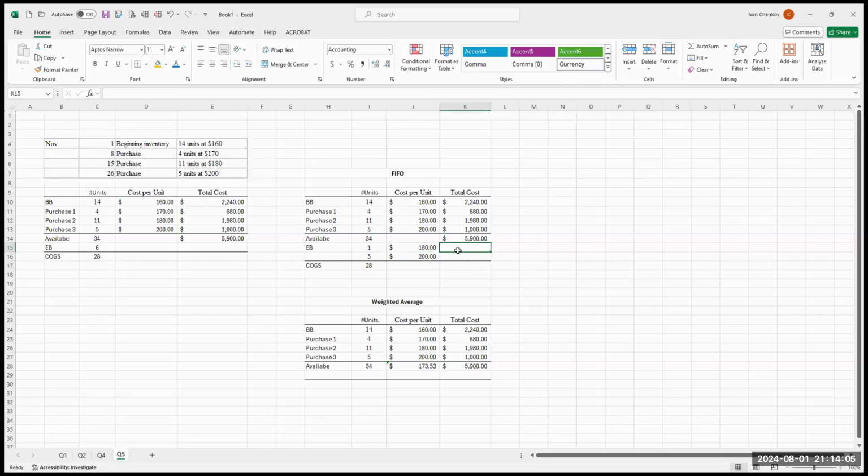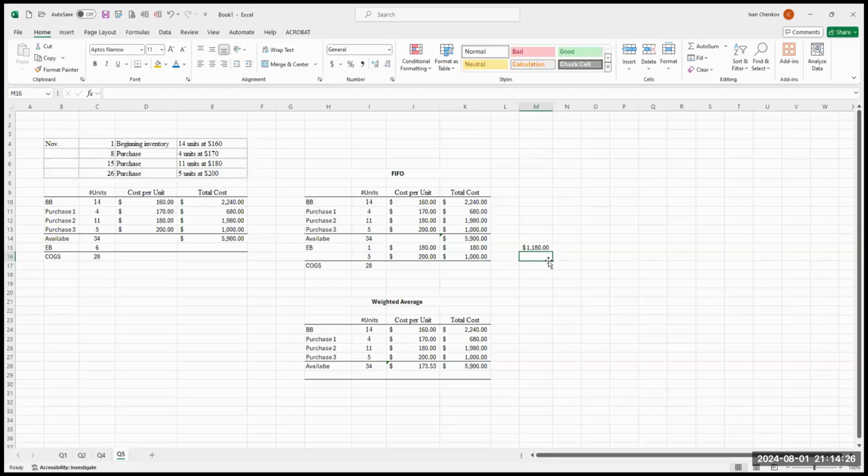It's going to be 1 unit sitting at $180, and another 5 units sitting at $200. So the total cost of your ending inventory is this one plus that one, or $1,180.